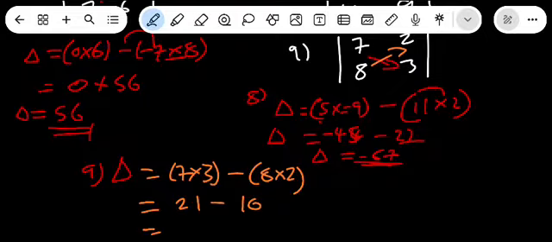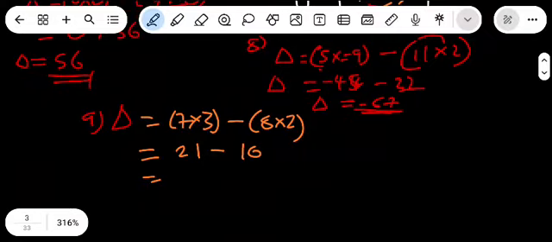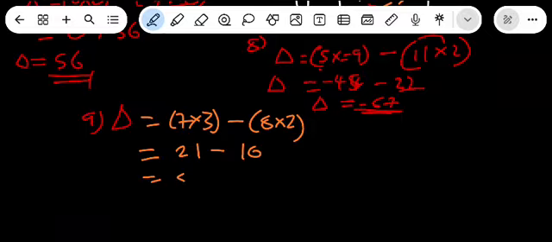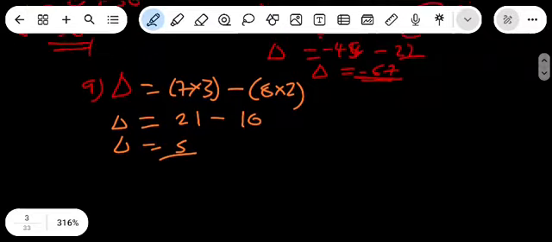This equals 21 minus 16, which is 5. The determinant there will be 5. This is how you determine the determinant of a 2 by 2 matrix.